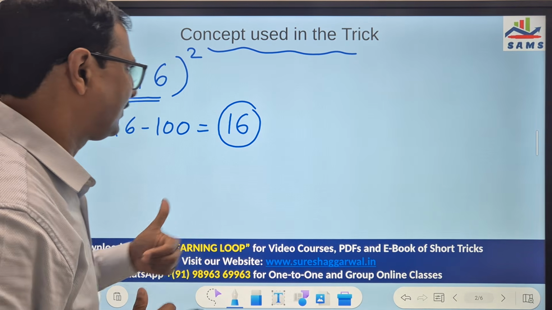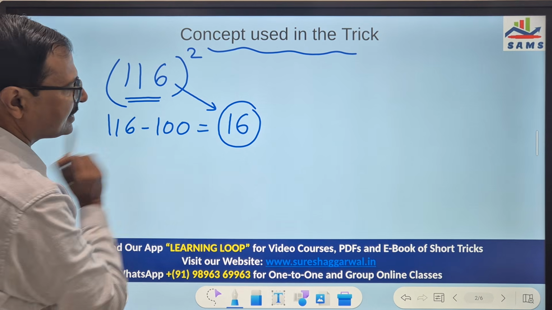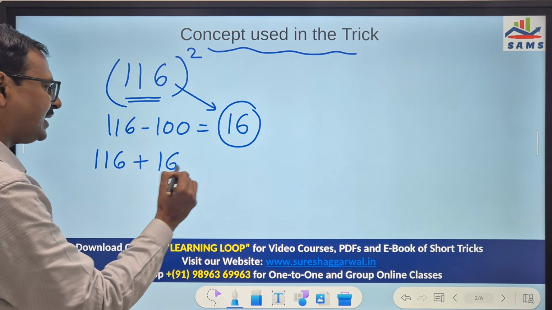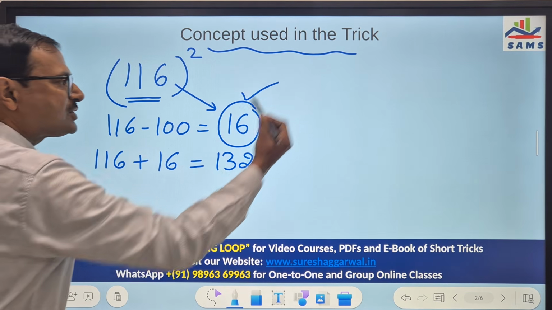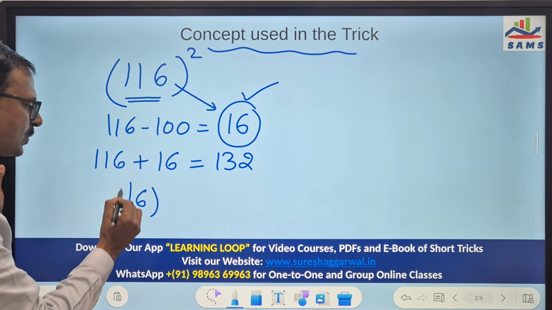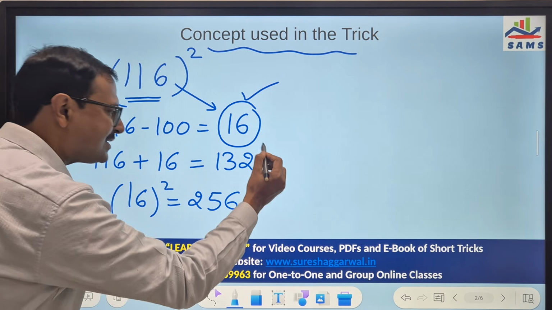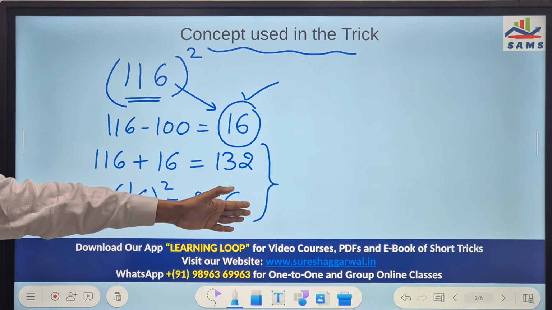So it is 16. The second thing, I need to add like this: 116 plus the excess 16 gives me 132, and I should know the square of the excess, 16 square, that is 256.